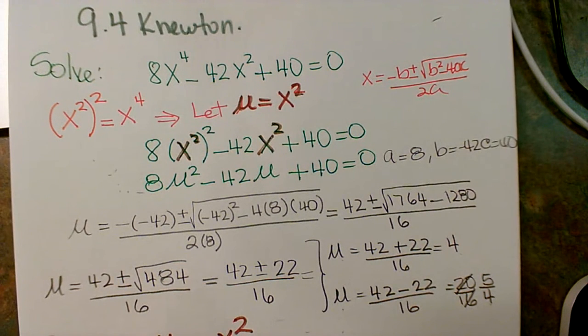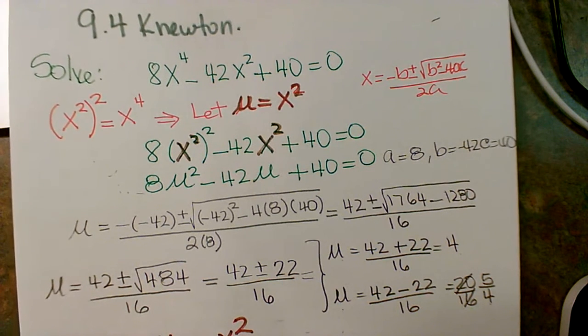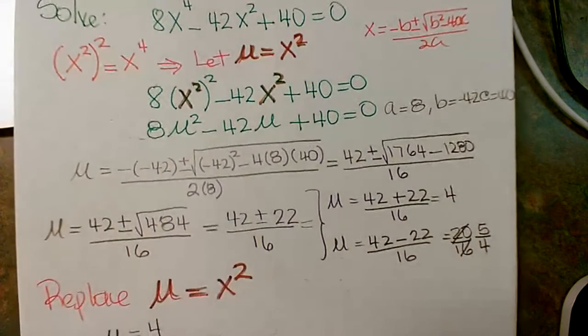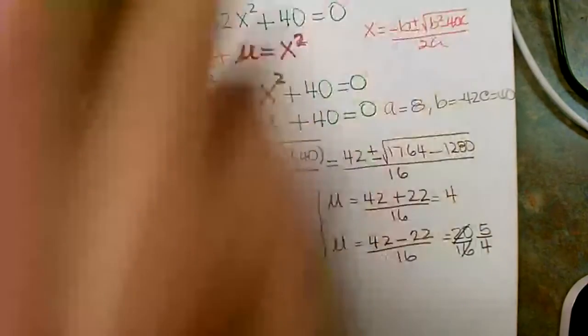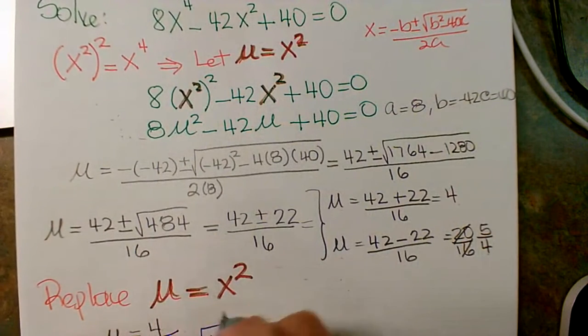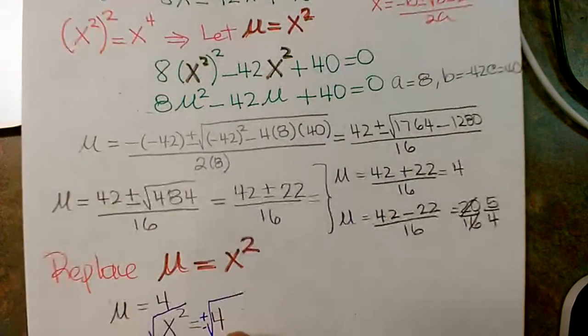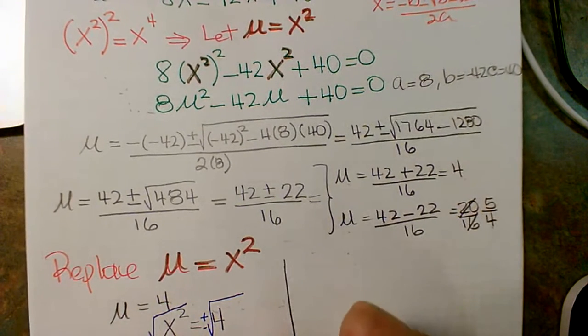So I have x squared equals 4, right? U equals x squared. So x squared equals 4. Now I'm going to apply the square root. So x is equal to plus and minus 2. This is one side.